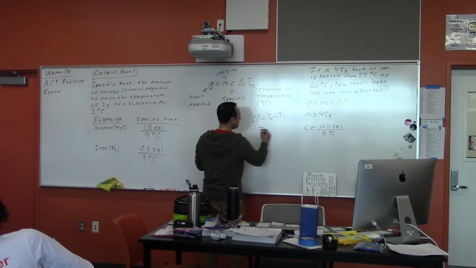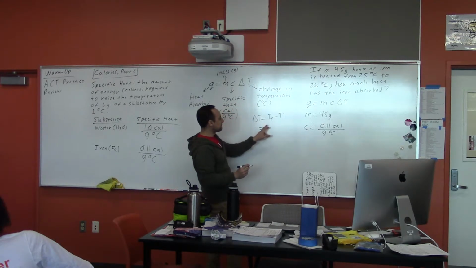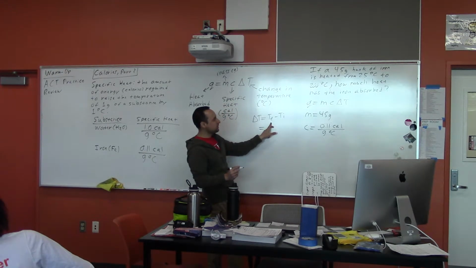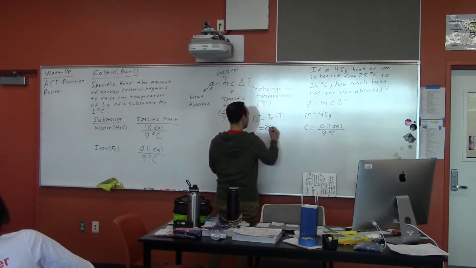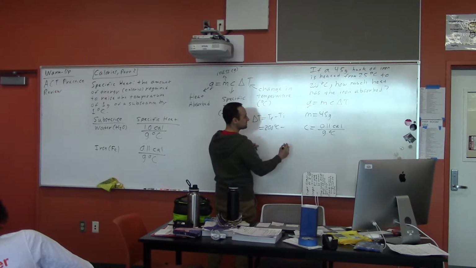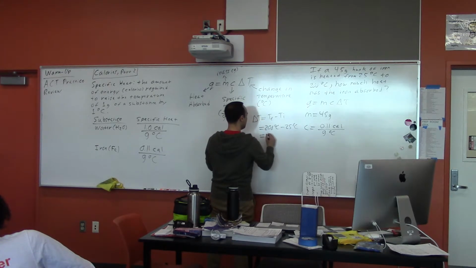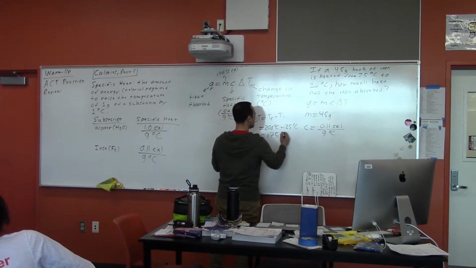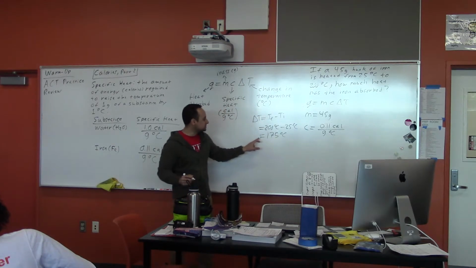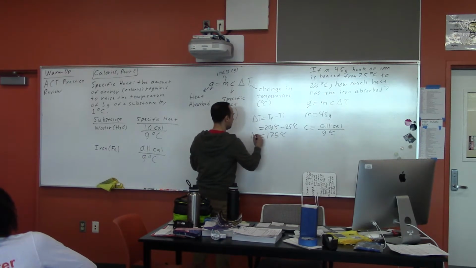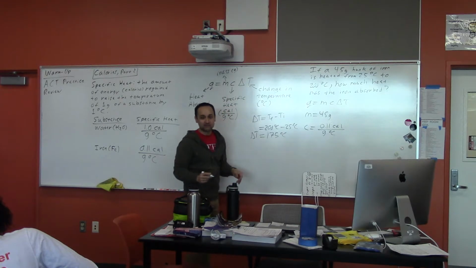And that equals, what's our final temperature for the iron? 200. Minus 25 degrees C. That's 175 degrees C. So change in temperature, delta T, equals 175 C.